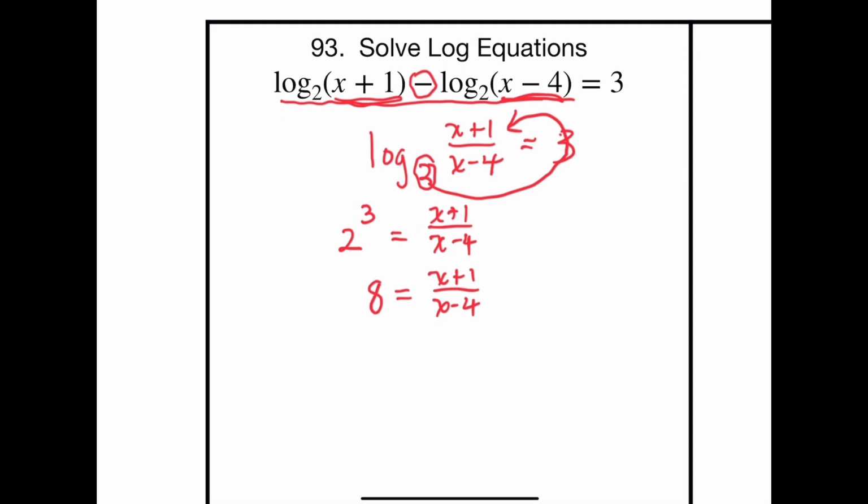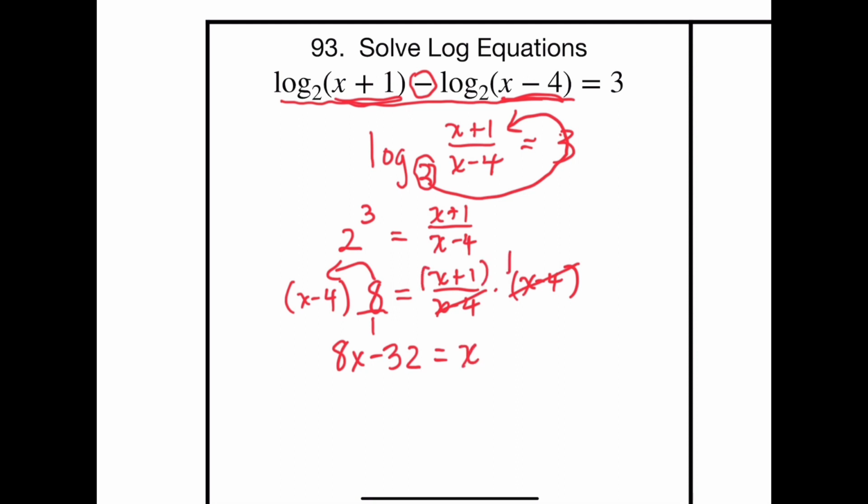To help me out, I'll put 8 over 1 so that I have my two fractions. I can then multiply both sides by x minus 4 to remove the denominator. So 8 times x minus 4 will be 8x minus 32. On the right side, x minus 4 divides out with x minus 4, leaving me with 1 times x plus 1. Now I have a basic equation.